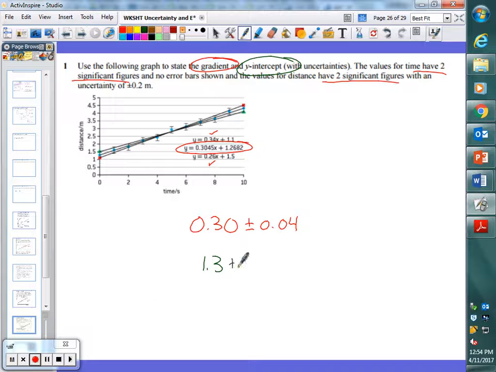And then 1.1 on the bottom end, 1.5 on the top end, so we'd go plus or minus 0.2. Because now our uncertainty is consistent with the range on the measurement. Does that make sense? That's literally what they want you to do there.